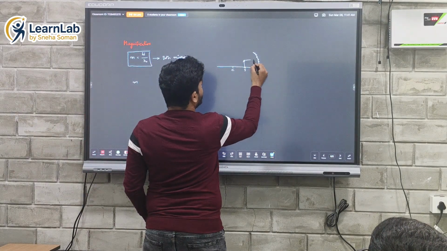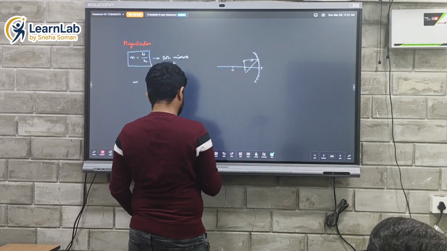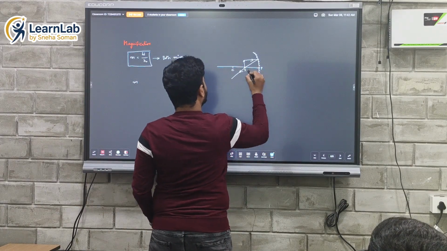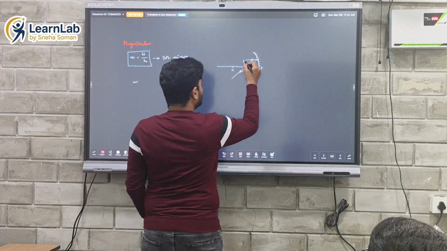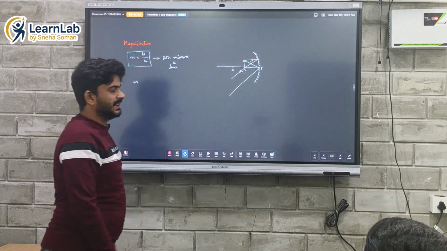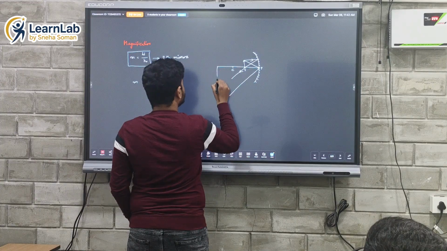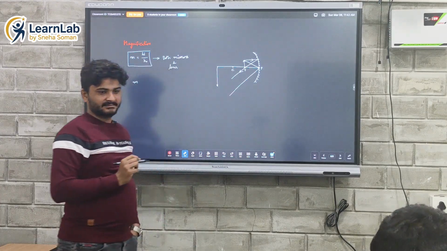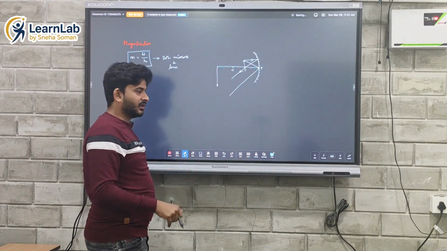Here one ray goes parallel, goes through F. This is one ray, and the second one goes through P. Do they meet? Where do they meet? Am I right? Please check. Yesterday you drew, or you have not drawn?